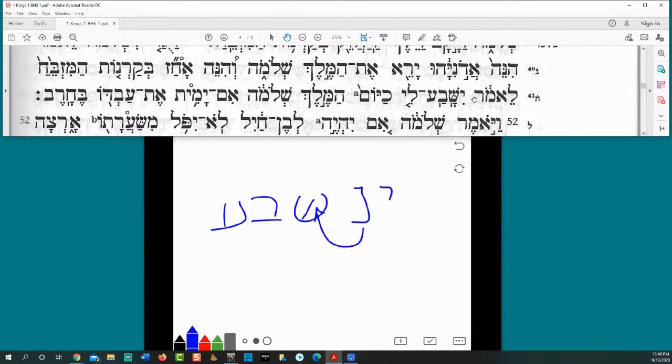The nun assimilates when you put the yud on. This is just the form that it takes. So like ekatel, tikatel, tikateli, yikatel, tikatel, and so on. This is the Nifal imperfect form. So let him swear to me this day.